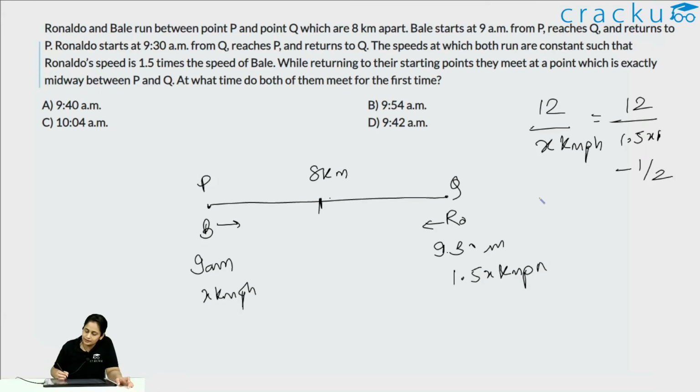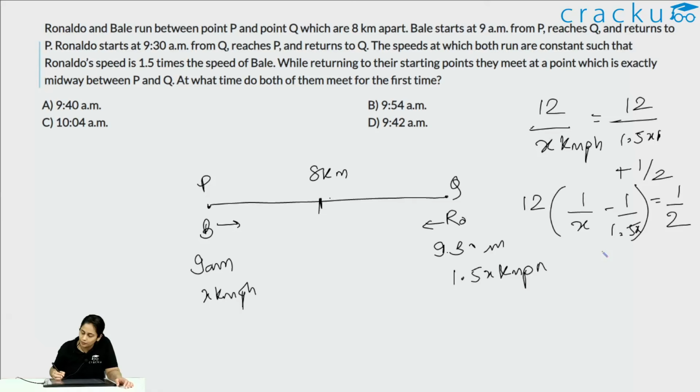I can say that this is 12 times (1/x minus 1/1.5x), which is equal to half, because this time is half an hour lesser than the time taken by Bale. So difference basically would be 0.5x by 1.5x squared.